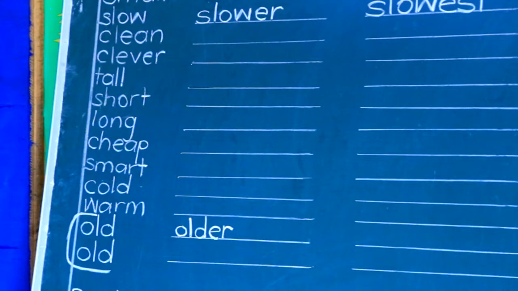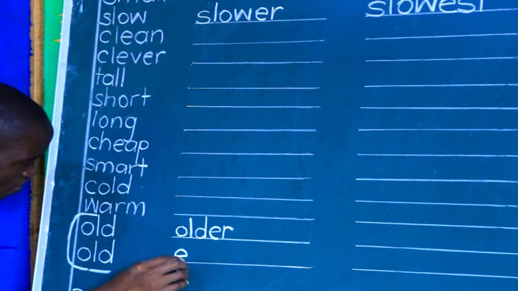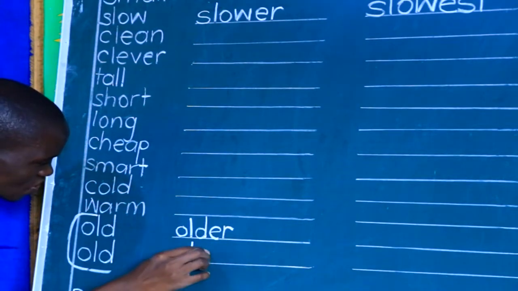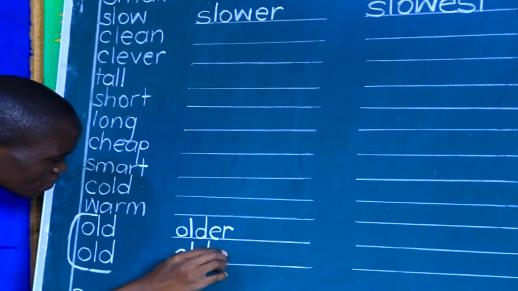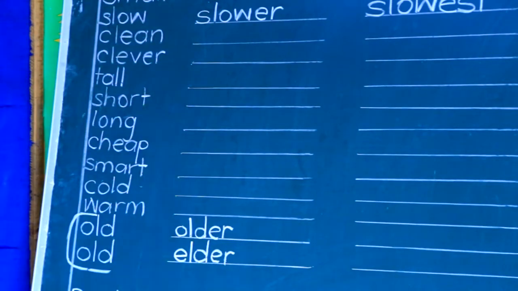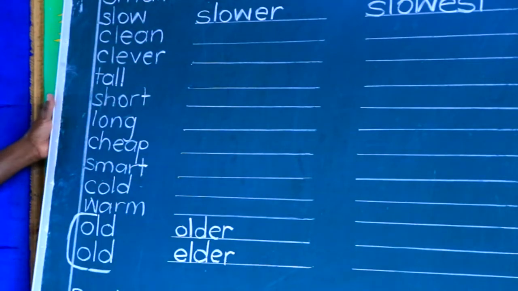That's one of its comparatives. The other comparative for old is a strange, very new word: E-L-D-E-R. The word is elder. So from old, we can use elder as the comparative.